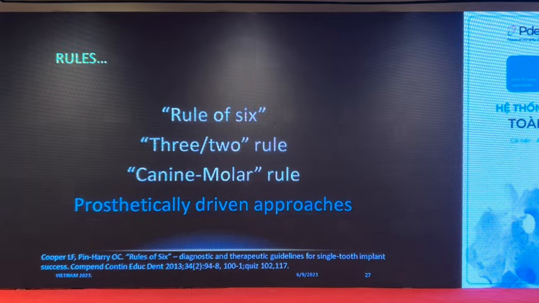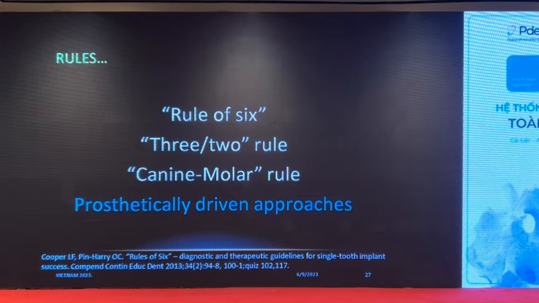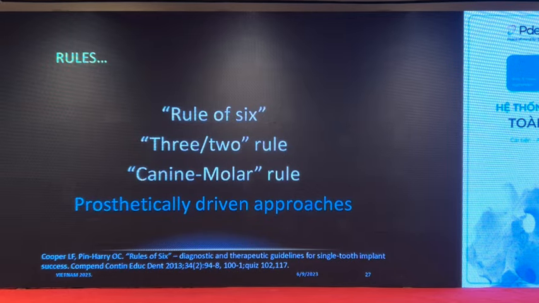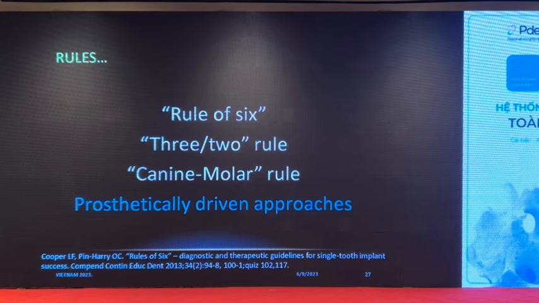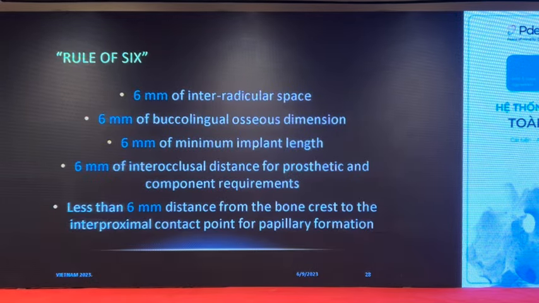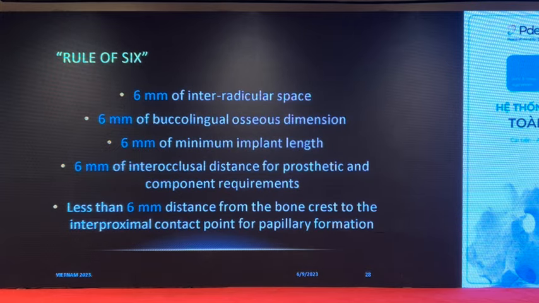But why is that? How did this prosthetically driven approach become very important? If we want to succeed surgically and prosthetically, we should follow some rules, which are the rule of 6, the 3-2 rules, the Cunningham rules, and we have some other rules, but I will start with this one. So we call this the prosthetically driven approach. What does the rule of 6 mean?